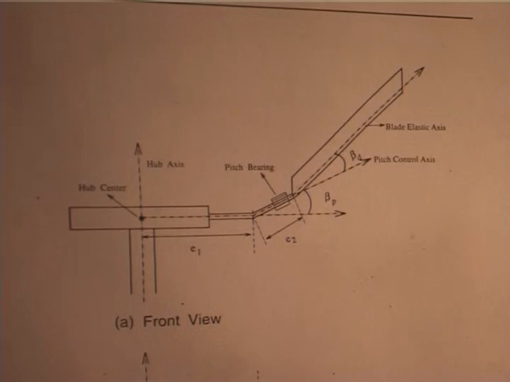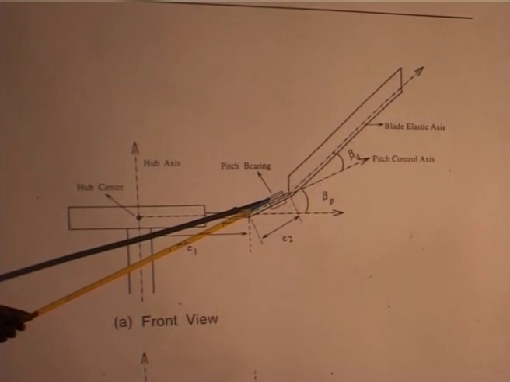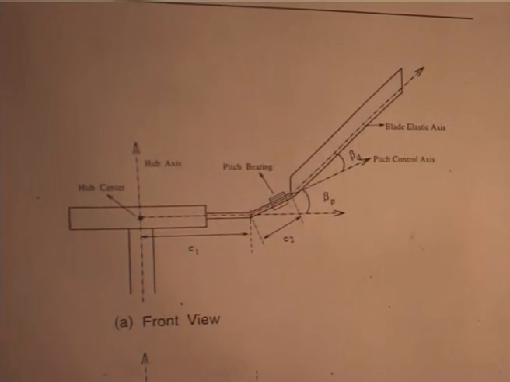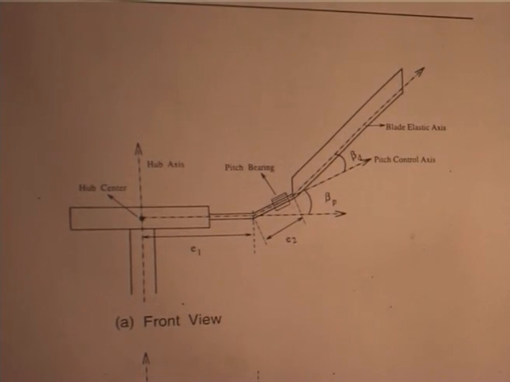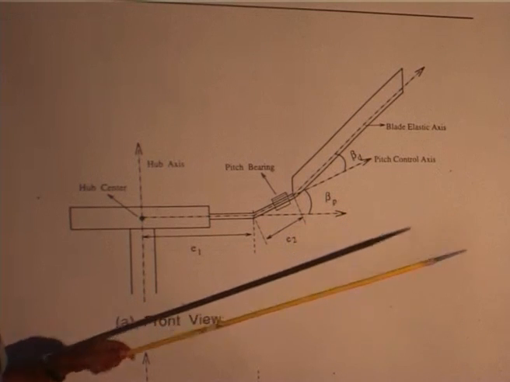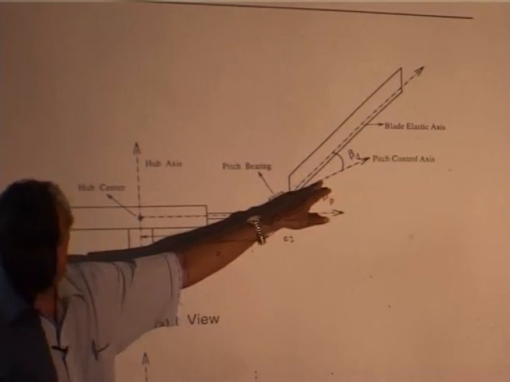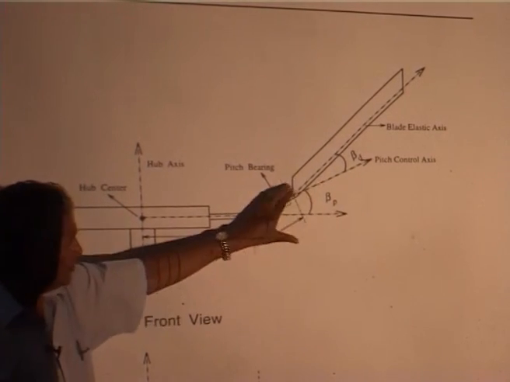Now, the blade can be inclined with respect to the pitch bearing, and that is called pre-droop. So pre-cone and pre-droop are two terminologies. Why is there this difference? You change the pitch angle by rotating the blade about this axis.